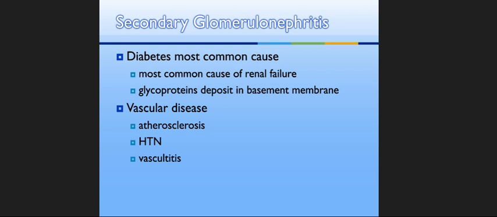So again, DM is a very aggressive and a very difficult disease to treat. We don't treat the disease as a disease. We are afraid and we treat its complications. Glycoproteins in this situation deposit in the basement membrane.